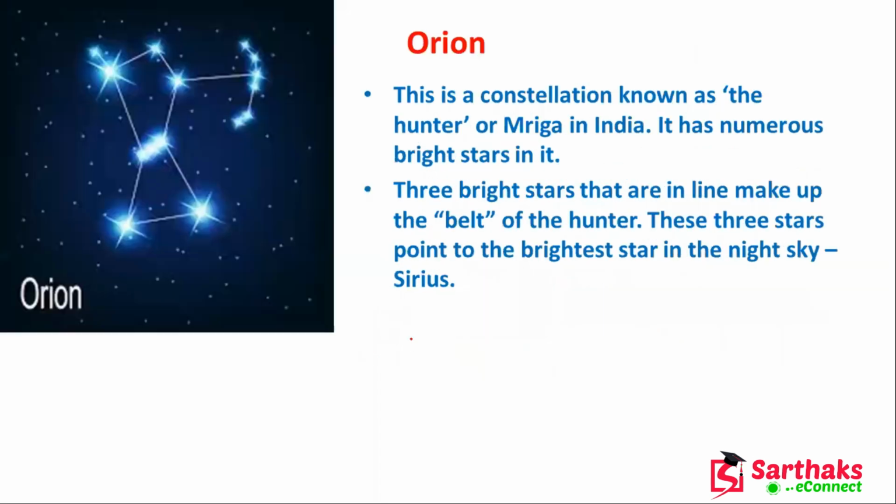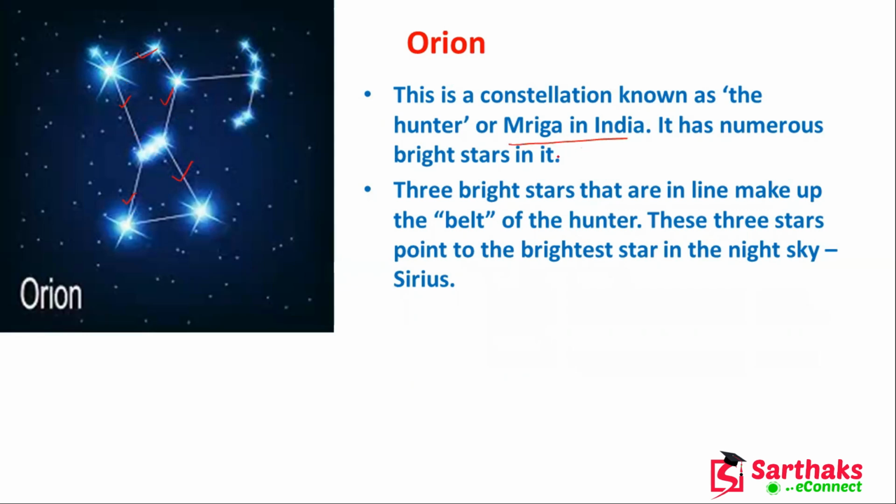Okay. Now Orion. Here you can see someone is there, right? This is the arm, and this constellation is known as the hunter. This person is the hunter. These are the legs. This is the body. This is the head. And this is Mriga in India.